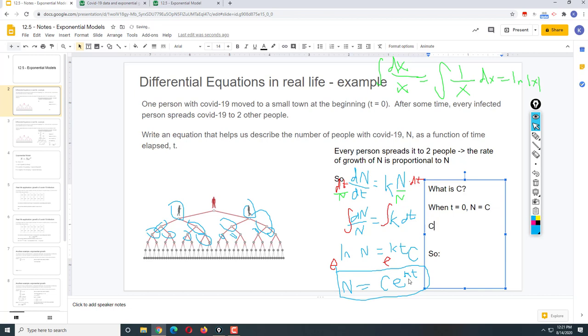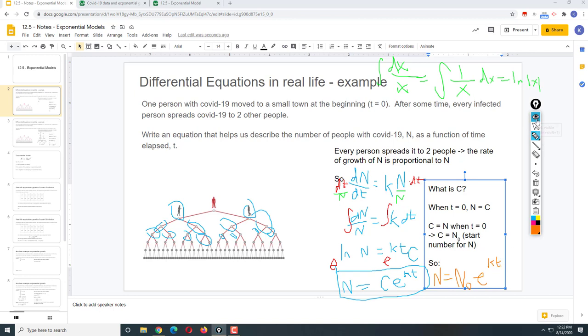That means that c equals n when t equals 0 at the beginning. So we'll just call c equals n sub 0, the start number for n. That means that we have our equation n is equal to n naught, the starting number for n, times e to the kt.